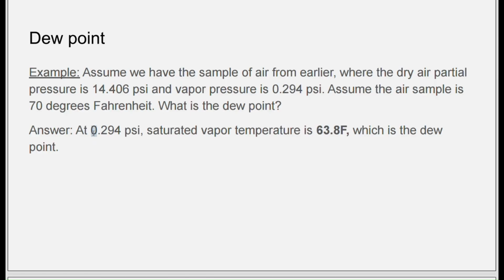We would take this partial pressure of water vapor and find the corresponding saturated steam temperature in a steam table, or we'd use the equations that we saw on the other sheet, and we'd find that it is 63.8, so that's the dew point. The temperature is 70, but its dew point is 63.8. That means that if we were to start cooling down the air in that box, once it hits this temperature, you're going to start getting drops of liquid.